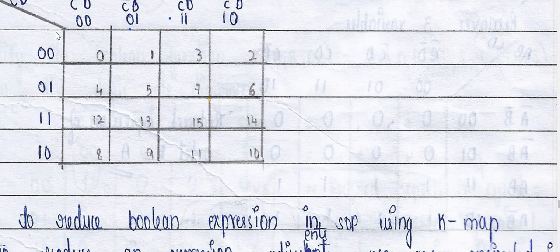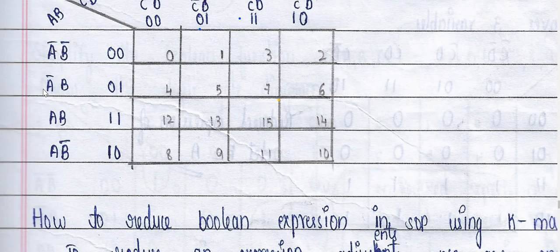First you have to draw the K-map like this and draw one slanting line. Below the slanting line, 2 variables A, B. Above the slanting line, C, D. Then write the gray code 0 0, 0 1, 1 1, 1 0 on the left side, and the same on the top side.